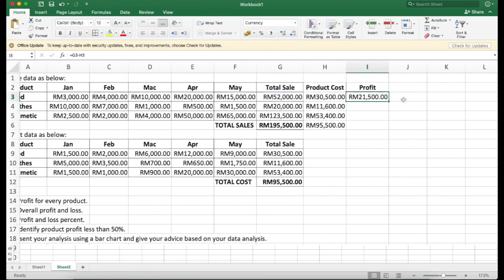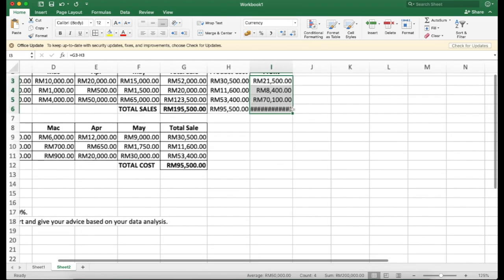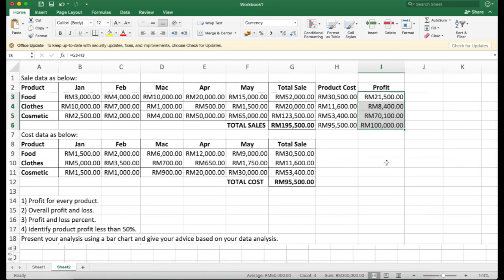So we get this profit for the food is 21,000. Okay. For the clothes is 8,400.